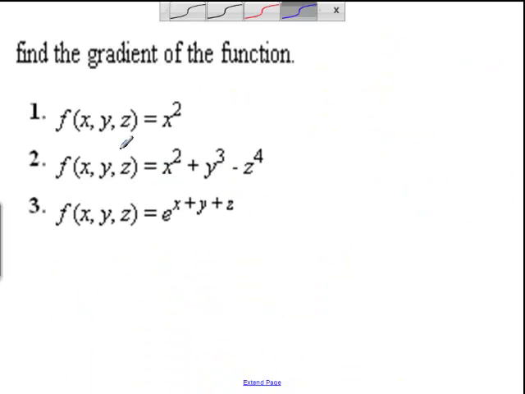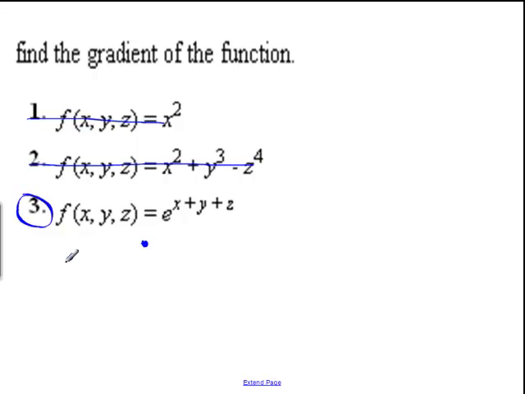All right, these problems are actually easier. So now find the gradient of the function. Let's do number 3. So f partial x is just e to the x plus y plus z. That's the derivative of it. And that's also the derivative of f partial y and of f partial z.